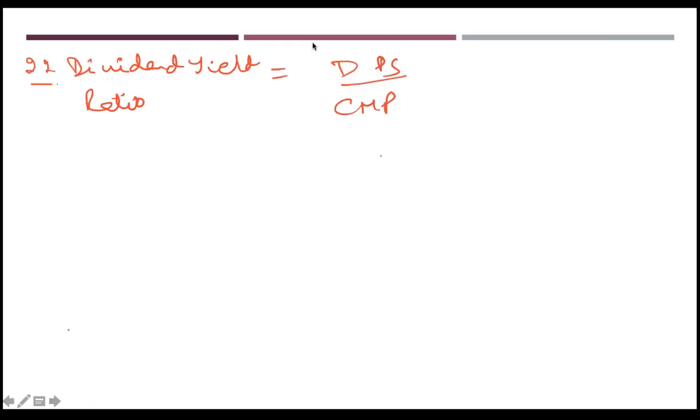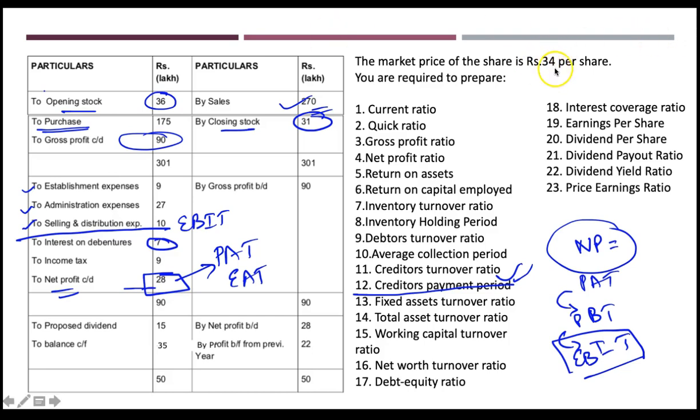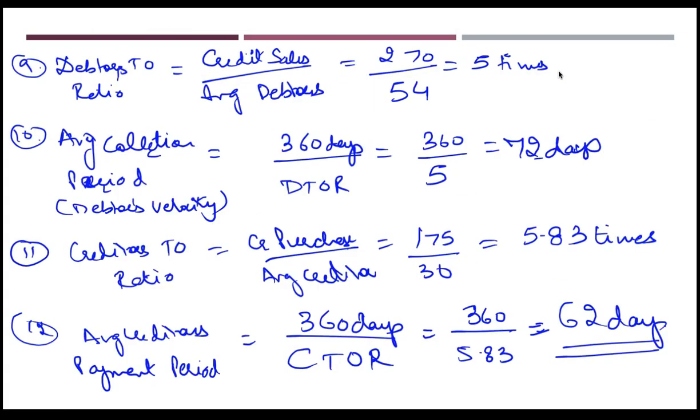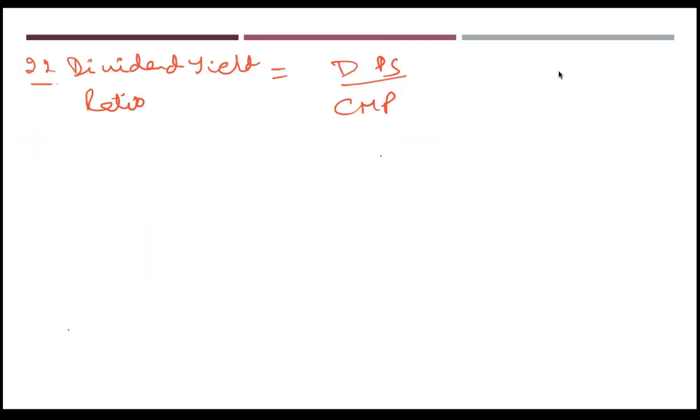Now in the question it has been written that the market price of the share is rupees 34 per share. Sorry, dividend per share we've already calculated. This is your 1.5 divided by 34 into 100. So 4.41% is the value of your dividend yield ratio.